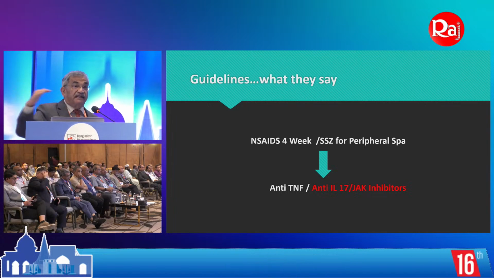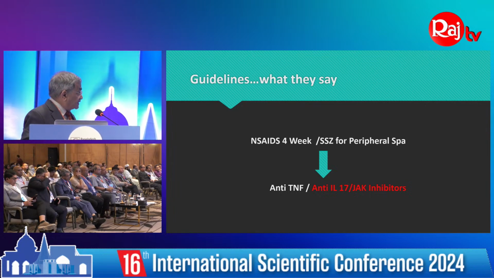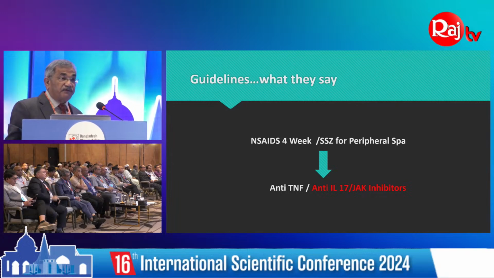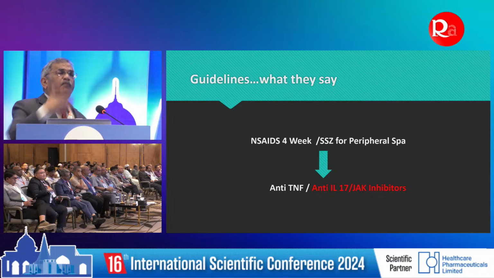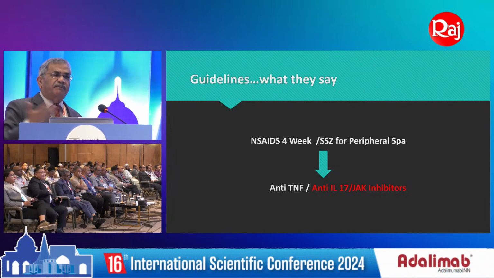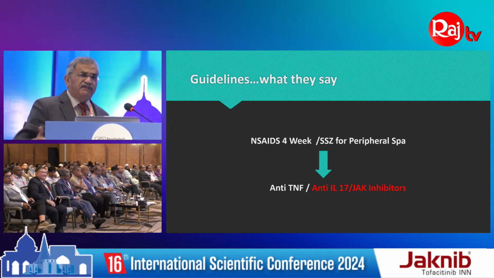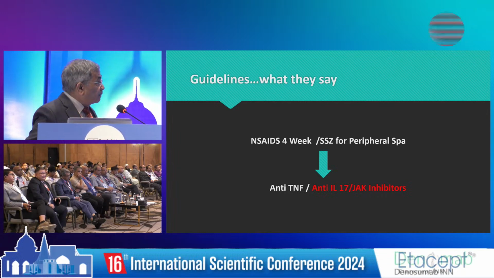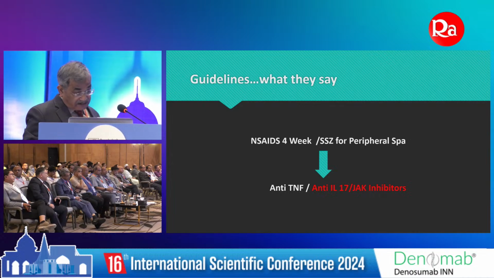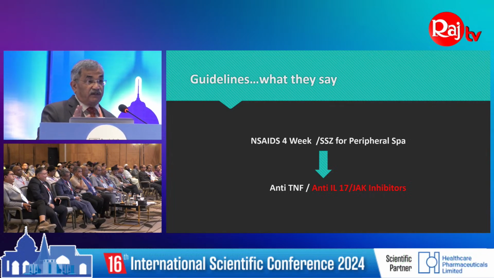Yes, why is anti-TNF preferred? Anti-TNF is preferred because we have long experience. Who makes these guidelines? Guidelines are made by people like us. We say we have experience of 30 years, so okay, anti-TNF is preferred. But efficacy-wise, all are the same. That is exactly how the whole situation is.